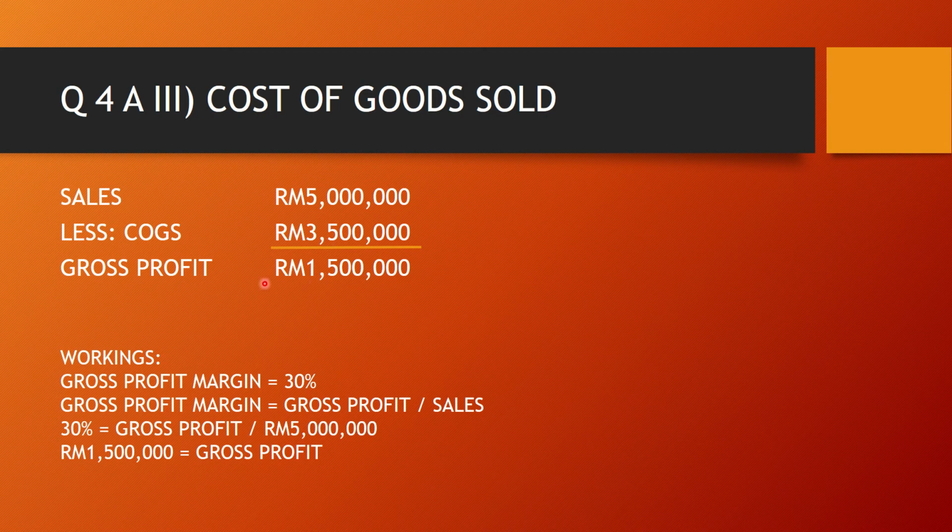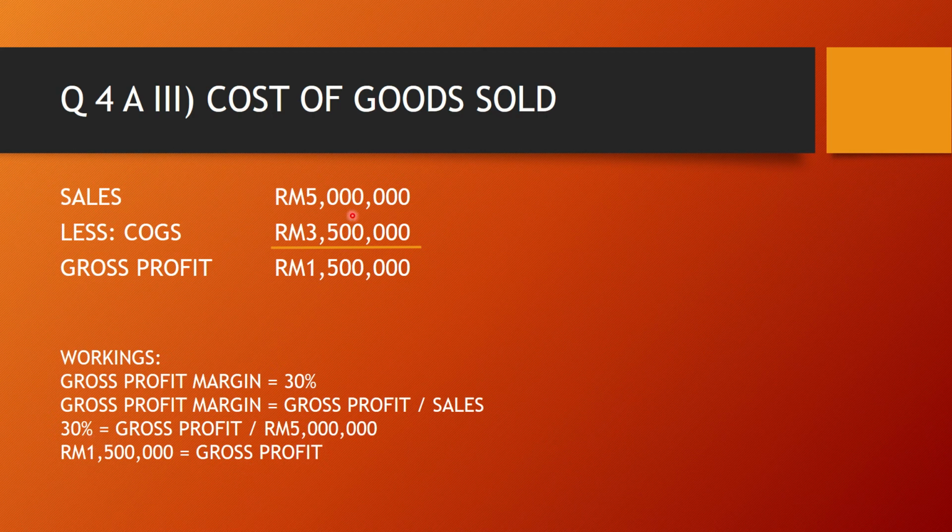But we can calculate the amount of gross profit by using gross profit margin, which is 30%. The formula for gross profit margin is equal to gross profit divided by sale. Now, gross profit margin is 30%, gross profit is unknown and sale is 5 million. Gross profit is equal to 5 million times 30%, which is 1.5 million.